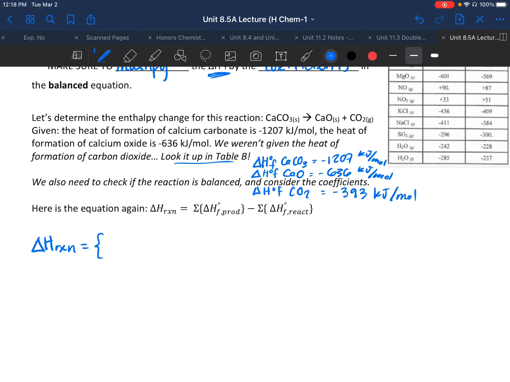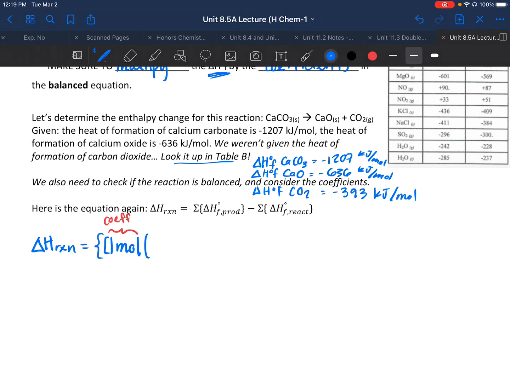I'm going to use the same curly bracket here. And so I'm going to start with my products, starting with calcium oxide. What it says is we have 1 mole, and where this comes from is the coefficient from the balanced reaction.